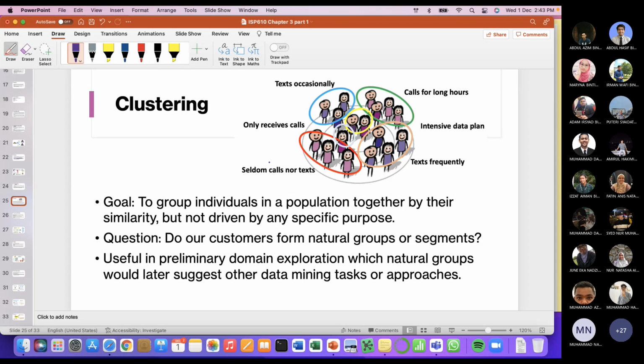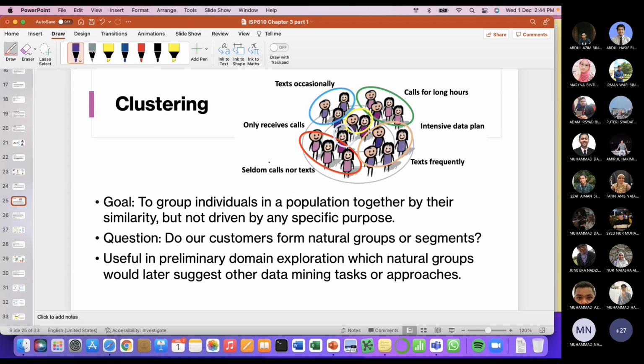So far I tak jumpa lagi lah orang pakai cohonen untuk buat customer segmentation, but if you want to try, why not? Okay, boleh je, tak ada masalah. Because those clustering methods should be able to do the clustering. Dia boleh cluster lah ikut yang sepatutnya.